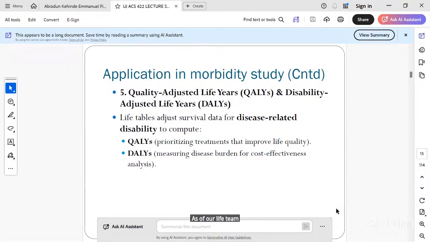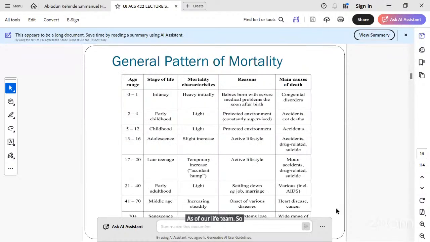So let's look at the general pattern of mortality. I would want you to pick up your life table. I want you to plot the graph of mortality rate against ages.